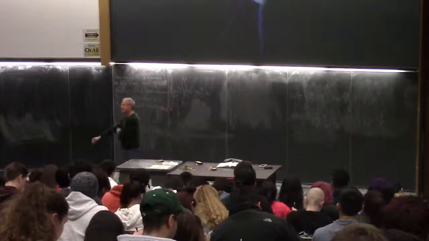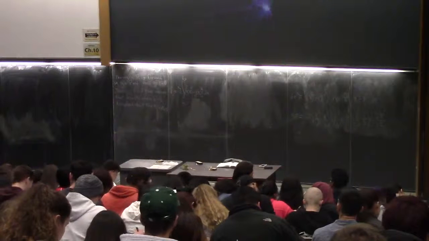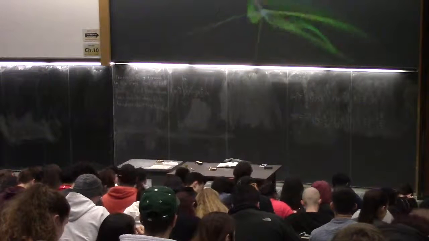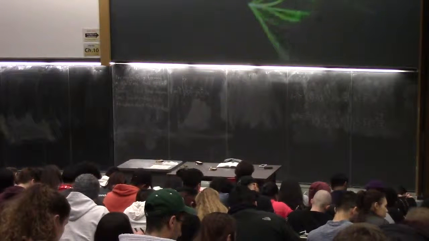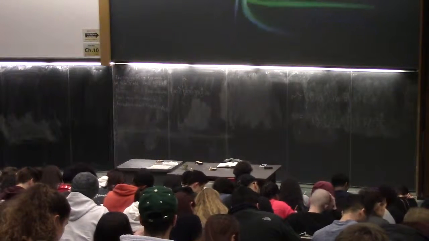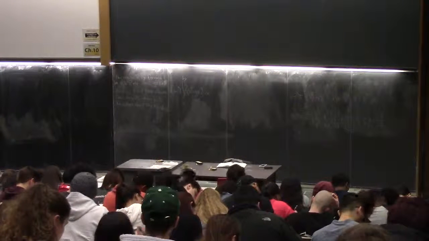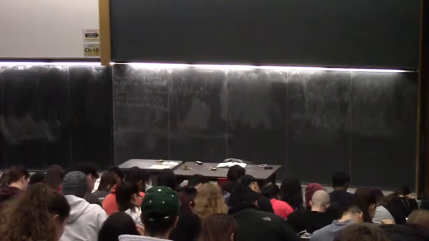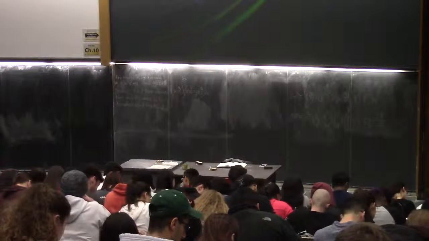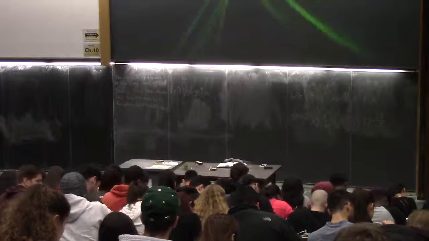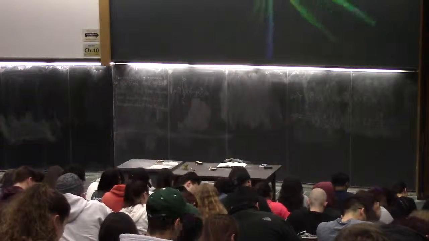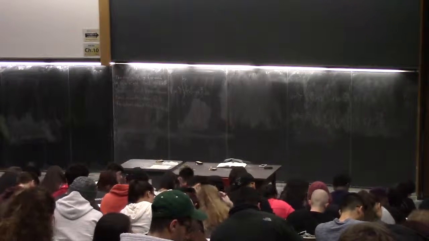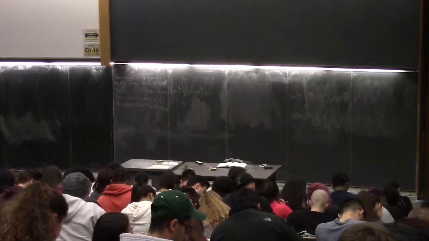You get the golden ratio number. 1 plus the square root of 5 over 2. 1 minus the square root. It's like 2.